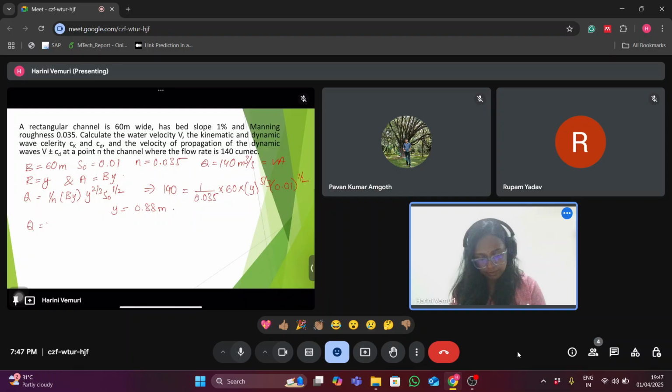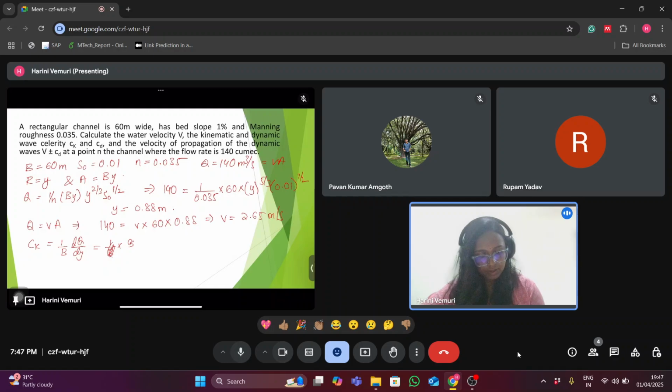And Q equal to VA. This implies 140 equal to V into area, which is B into Y. So with 0.88, V is equal to 2.65 meters per second. Then we have to calculate the wave celerity, that is 1 by V into dQ by dY.